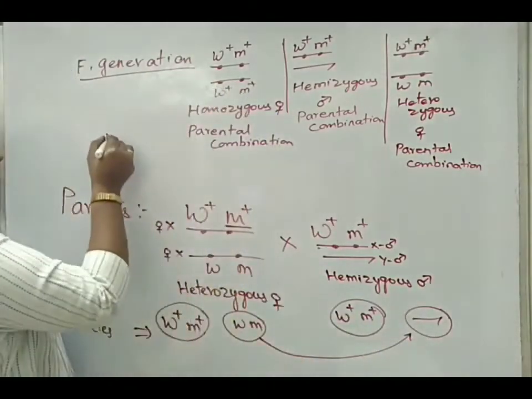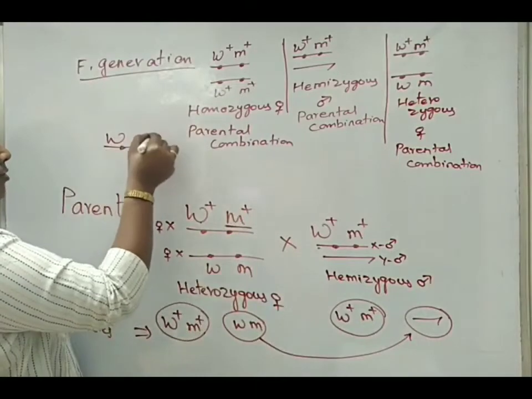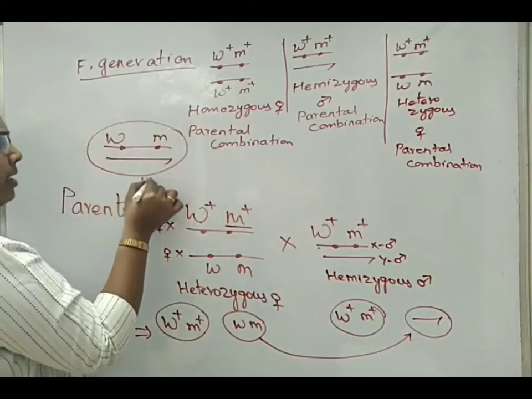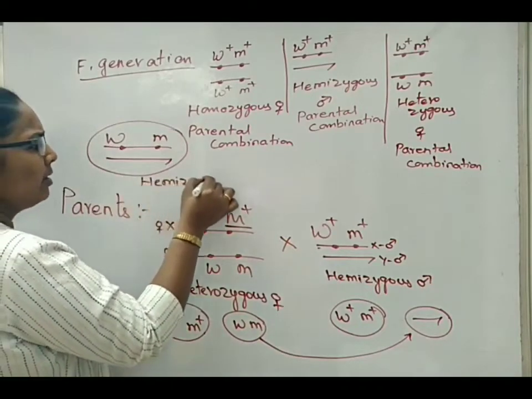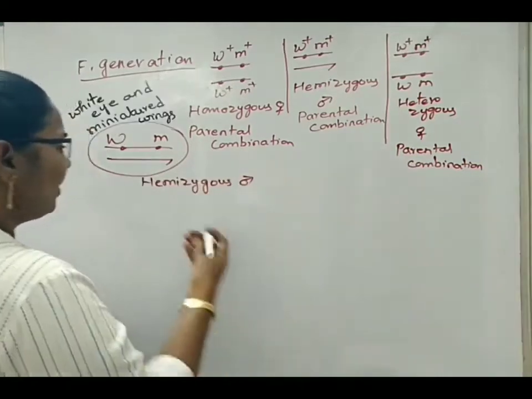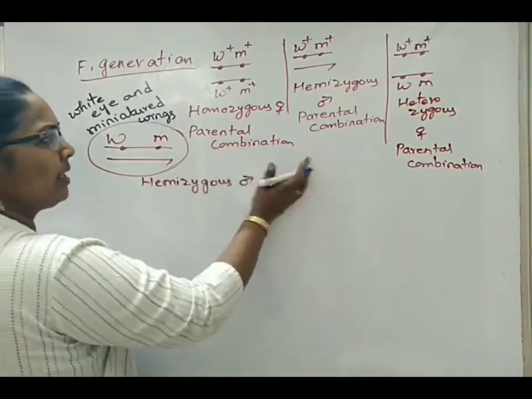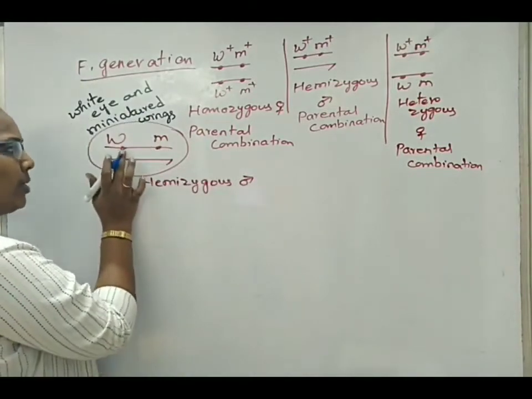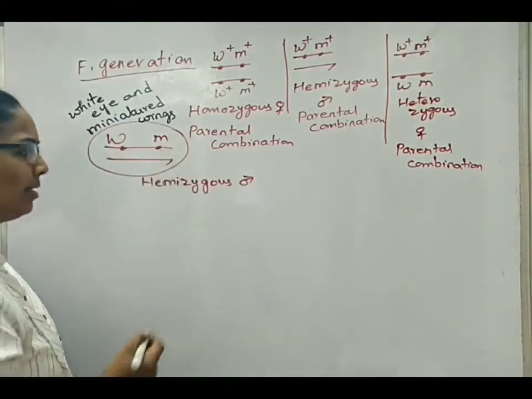Then the X chromosome of female is fused with the Y chromosome. Now we are getting hemizygous only, but it will be male. When we intercross the offsprings, here heterozygous female and also hemizygous male, that is white-eyed and miniatured wing male.